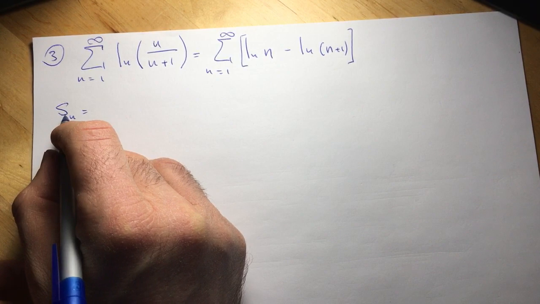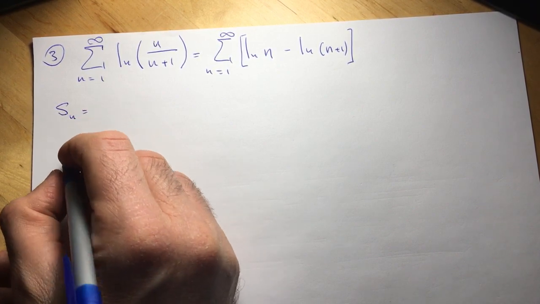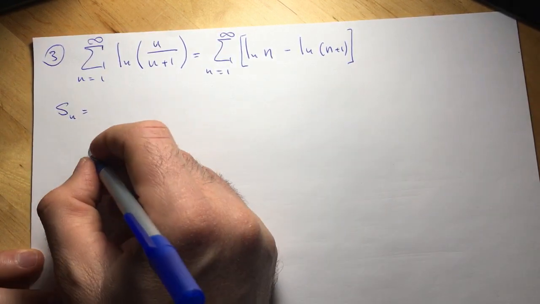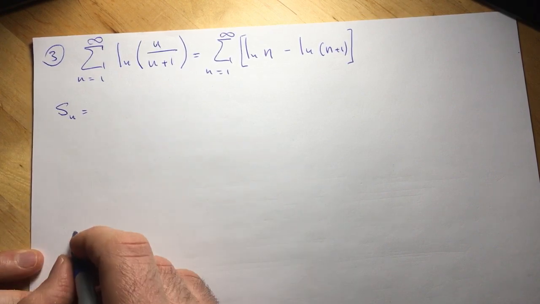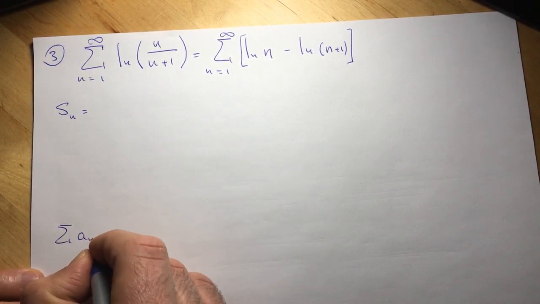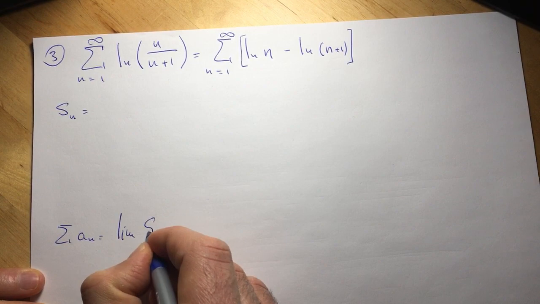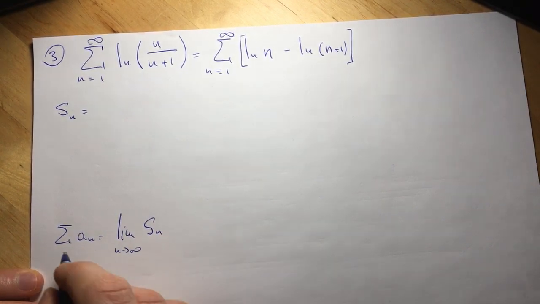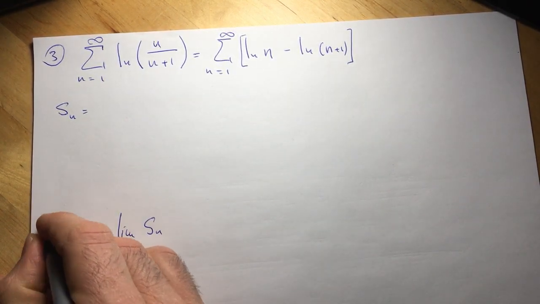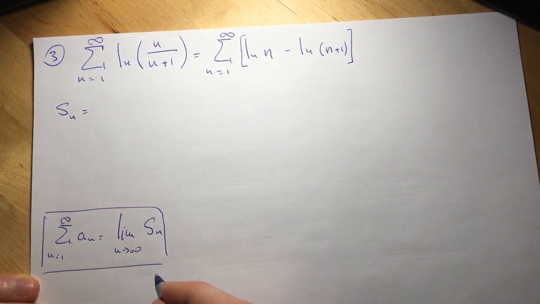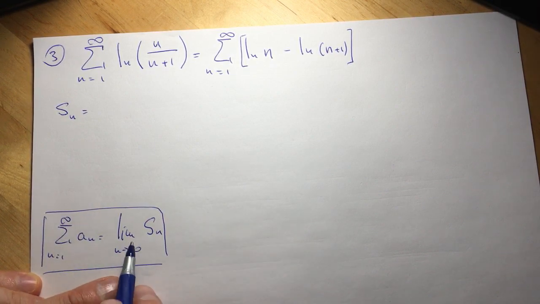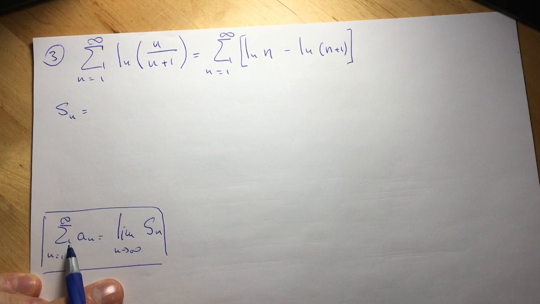Find the limit of Sn and check whether it converges or diverges. Why? Because by definition, sum of an is equal to the limit of Sn as n goes to infinity. Okay, this is very important. It's going to come back over and over. So this is the definition of infinite sums, right?